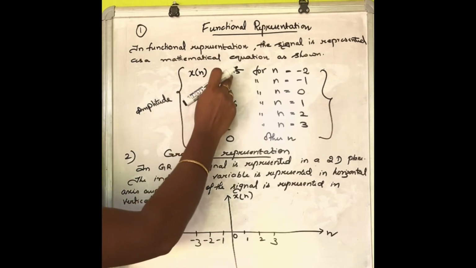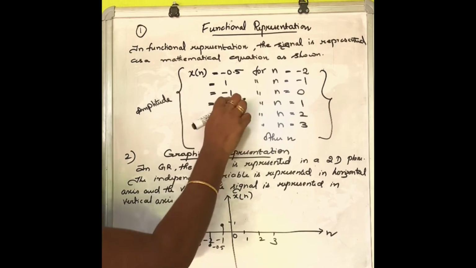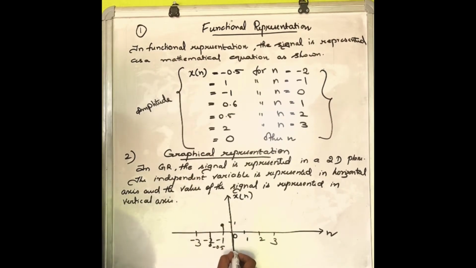So x of n is -0.5 at -2. Then at -1 it is 1. Then at 0 it is -1.